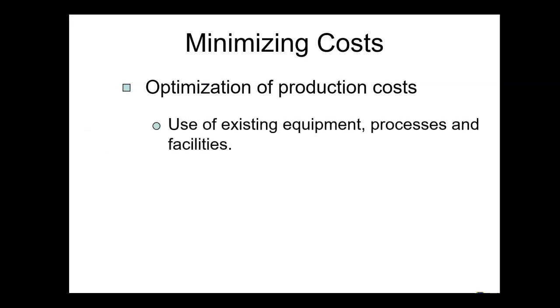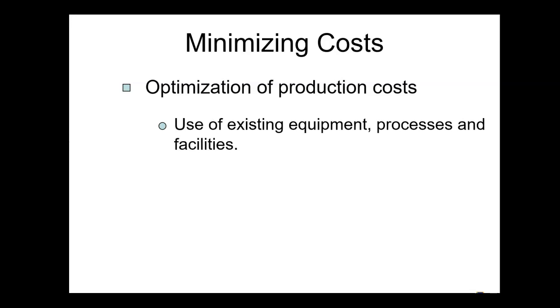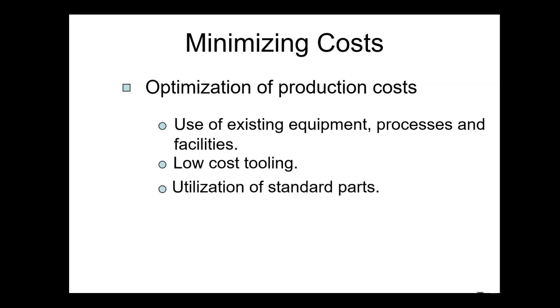What does this entail? This is the use of existing equipment, processes, and facilities for lower cost tooling, for utilization of standardized parts. And a better explanation for that would be, we wouldn't want to use 3 different types of glue on the assembly of the puzzle, the creation of the puzzle, and then the container if we could just use one standard glue.